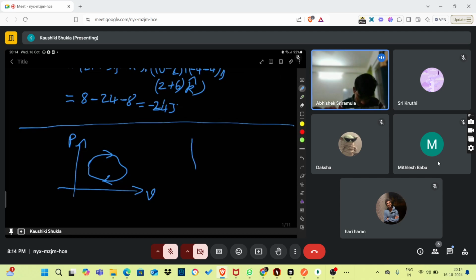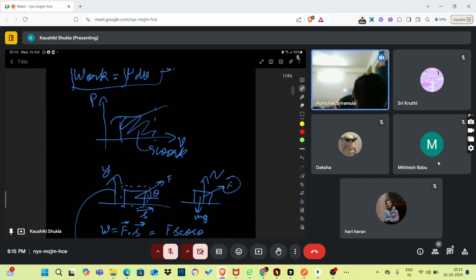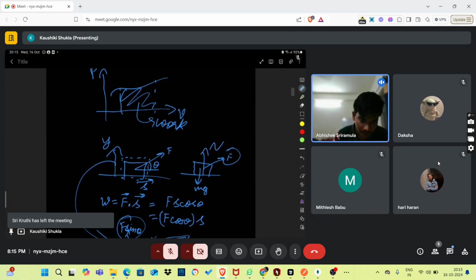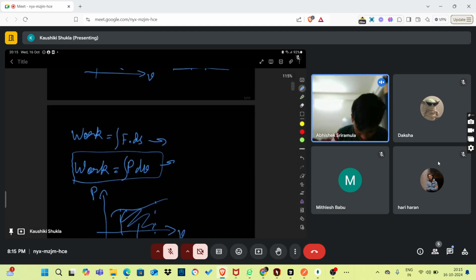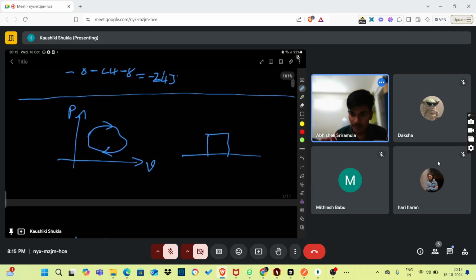But here in mechanics, the change of work that we see is, if we have a body, in this we saw that the force is acting in this direction, at an angle of theta from the horizontal direction. If we take a force F acting at an angle, let's say some 120 degrees, and the displacement is this way.